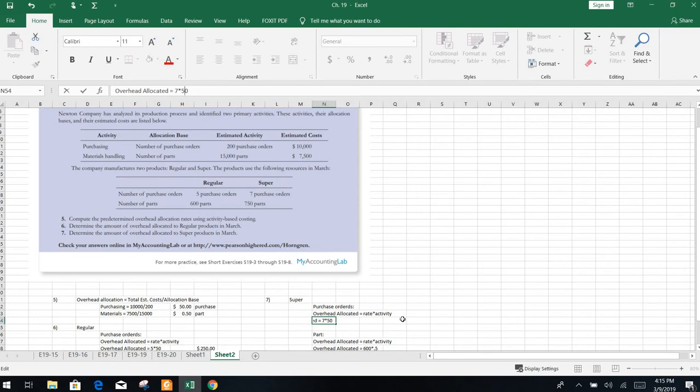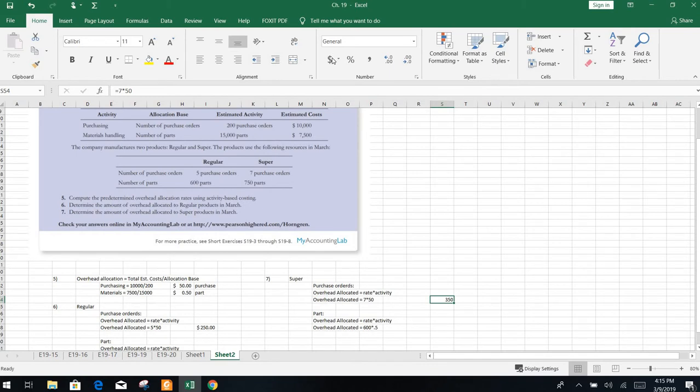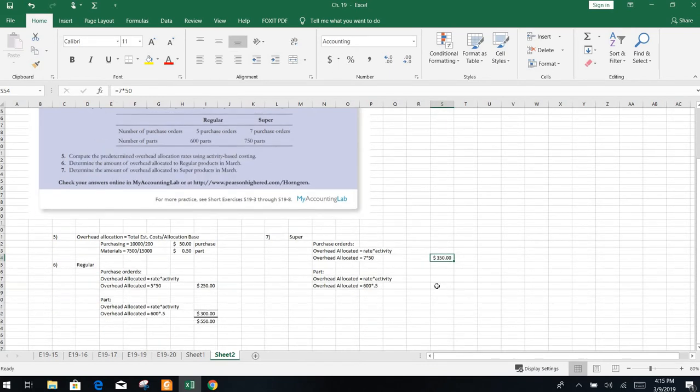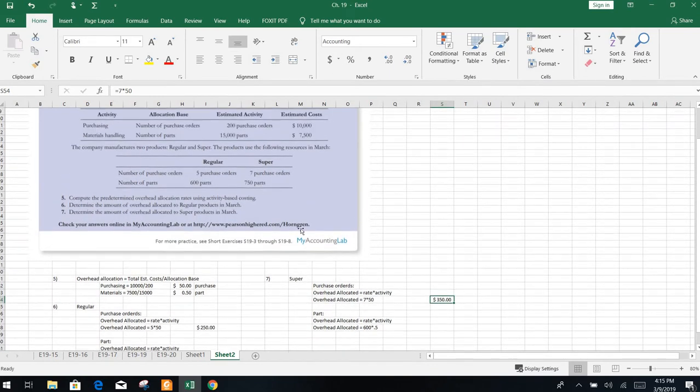Okay, and I'll put the Excel format over here. That equals 7 purchase orders times $50 each, and that's $350. Go ahead and put that just to be clear. And then how many parts did they use? Instead of using 600 parts, they used 750.